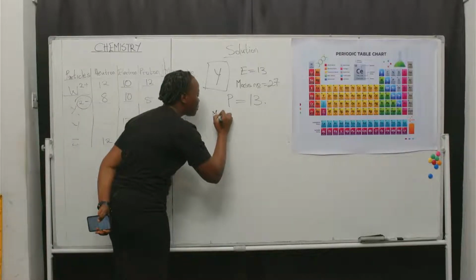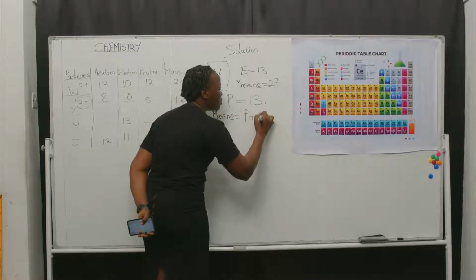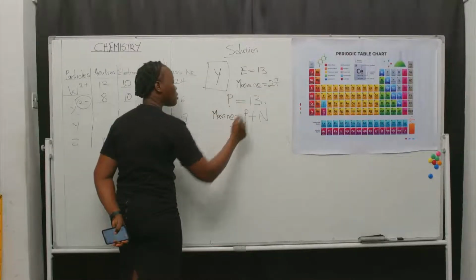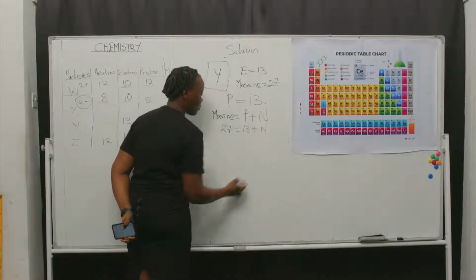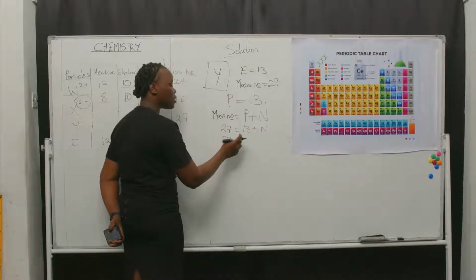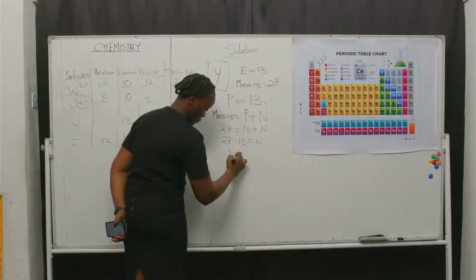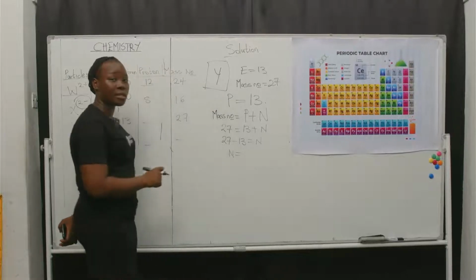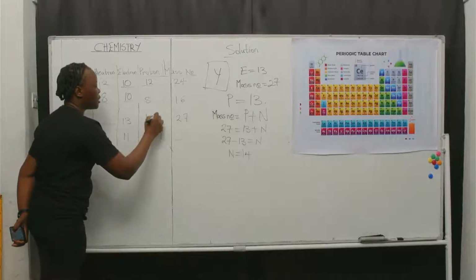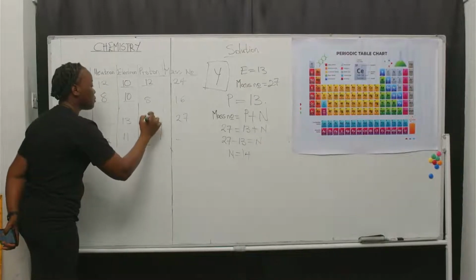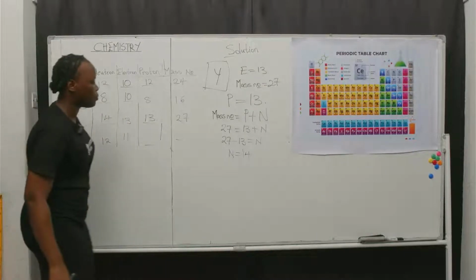And we know mass number is equal to the number of protons plus the number of neutrons. We know our mass number to be 27, proton to be 13, plus n. So 27 minus 13 equals n. Neutron then will be 27 minus 13, which is 14. So this is 14. This is 13. And this is 14.